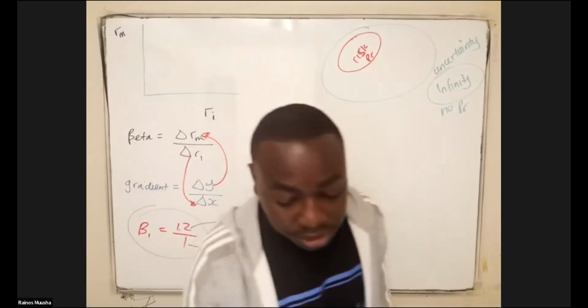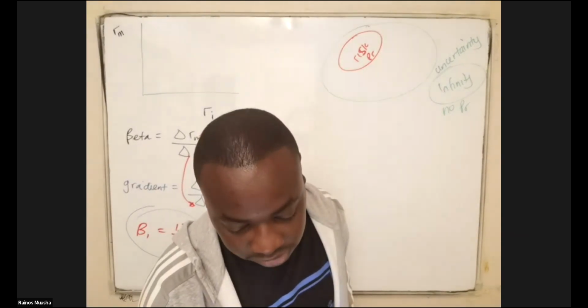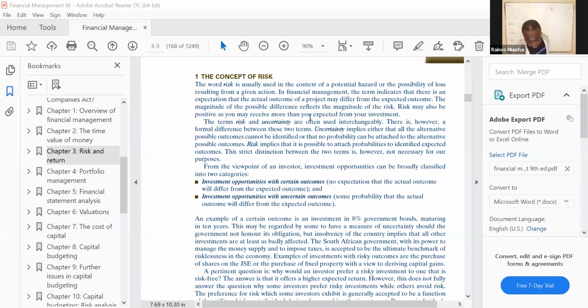Later in this section, they say they can be used interchangeably, although in a strict sense, there is a difference between risk and uncertainty. Are we on the same page when it comes to the issue of risk and uncertainty?